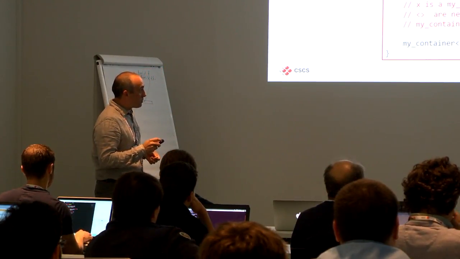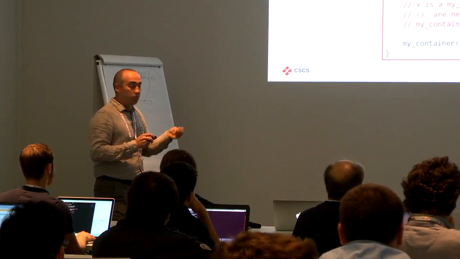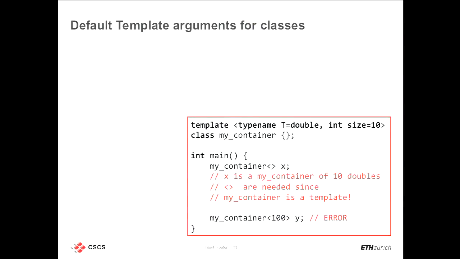So this is a constant compile time value, which is called size. But to instantiate it, you need to specify the open and close angular brackets. And why? Because without these angular brackets, my container is just a template, it is not a class. You specify the open and close brackets, and this becomes my container of double and 10.